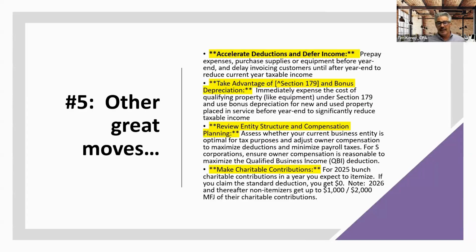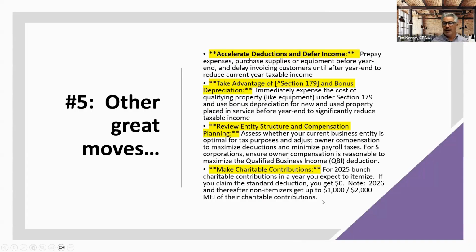Related to that is doing some compensation planning. I mentioned a very valuable qualified business income deduction. That's something that you want to maximize. Essentially, you're getting a deduction based on your profit without having to spend money to get that deduction.